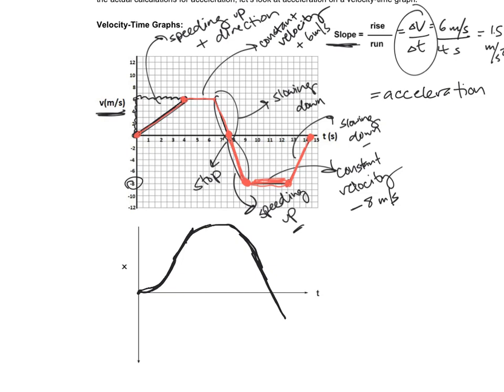And then we've got to slow down all the way to a stop. So there's going to be our position time graph. And that's pretty complicated. We're going to be looking at that a lot more in depth on Friday, so don't worry if you don't understand the position time graph for the acceleration. Just showing you kind of what it looks like as a precursor. We will get to that on Friday.